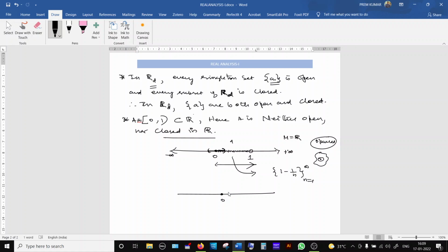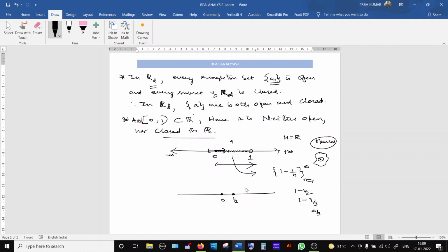This is 1 minus 1 by n. The first element is 0. What is the second element? 1 minus 1 by 2, that is 1 by 2, somewhere here. Next 1 minus 1 by 3.